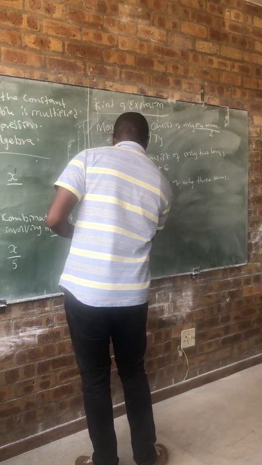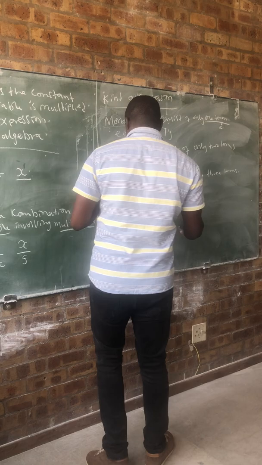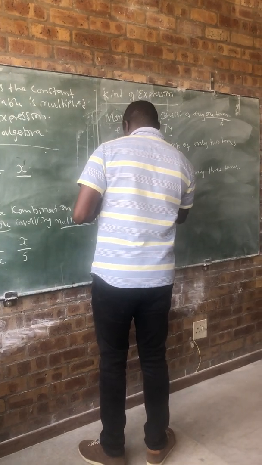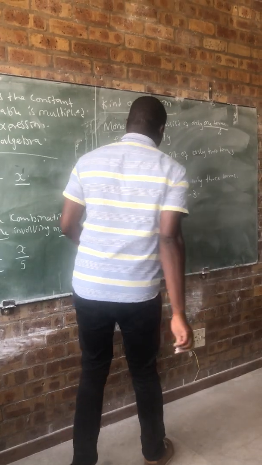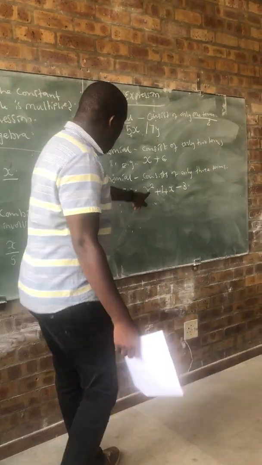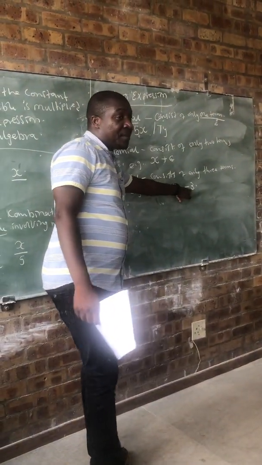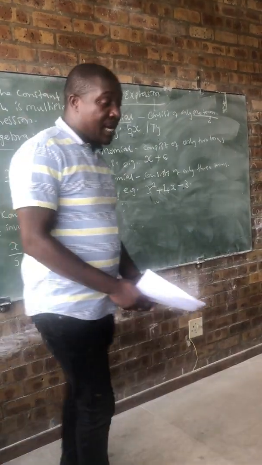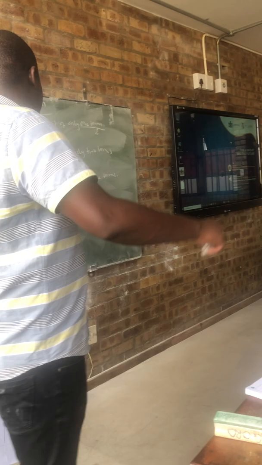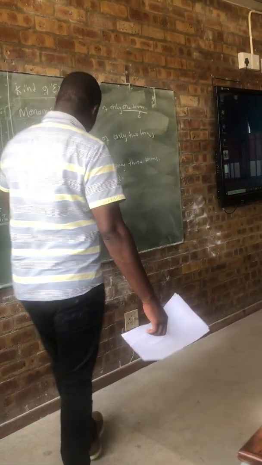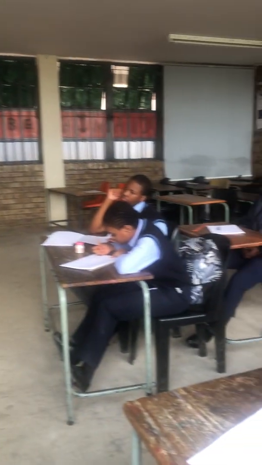For example, x squared plus 4x subtract 3. So we can see 1, 2, 3. When they are separated by addition or subtraction, we refer to them as a separation of terms. Remember, these are the operation signs.